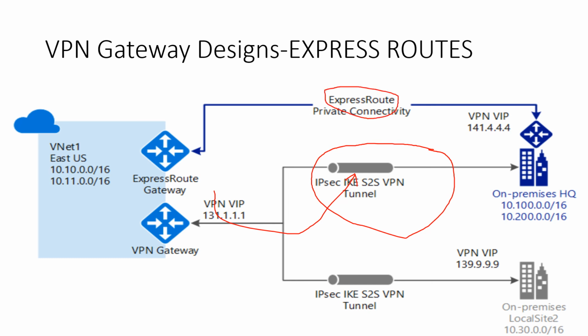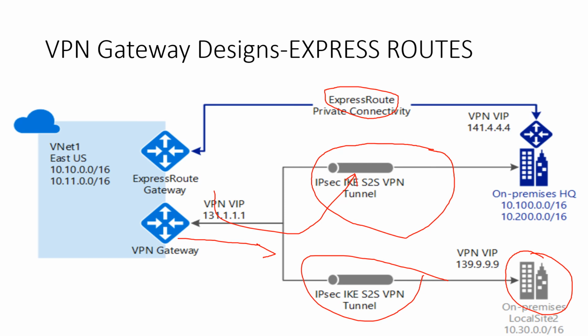In another scenario, suppose you don't want to connect this site using ExpressRoute, and you want to keep it as a separate site, and you want your users from Azure to connect through this VPN gateway over this tunnel to this site.